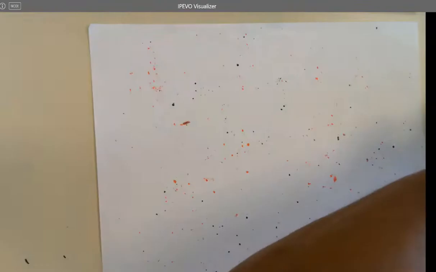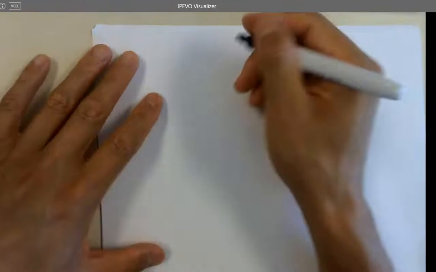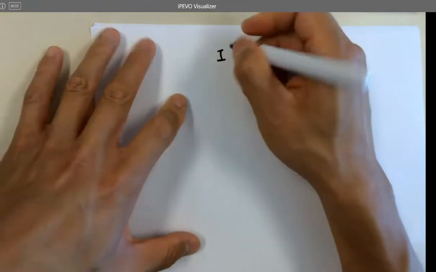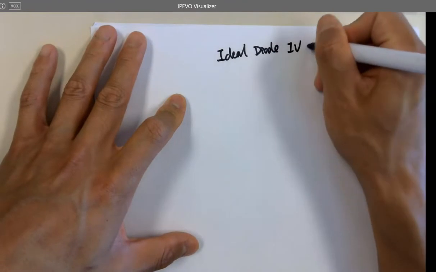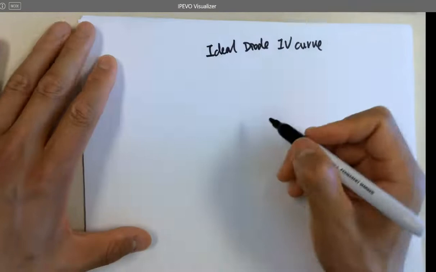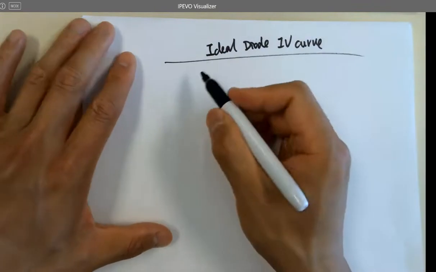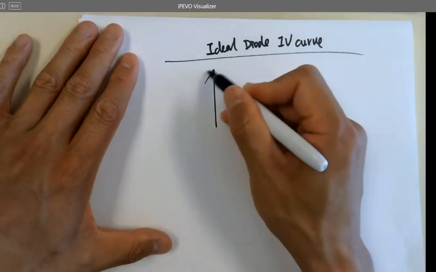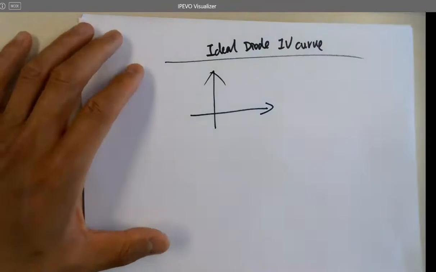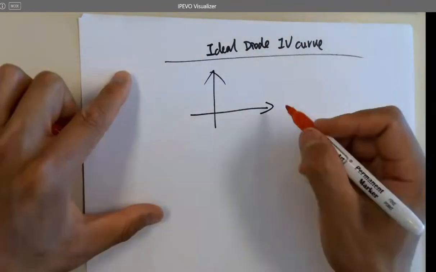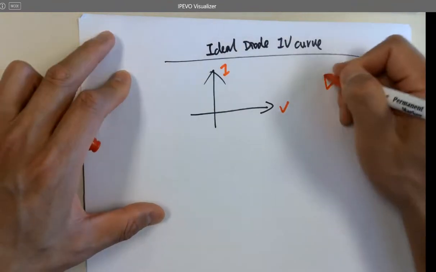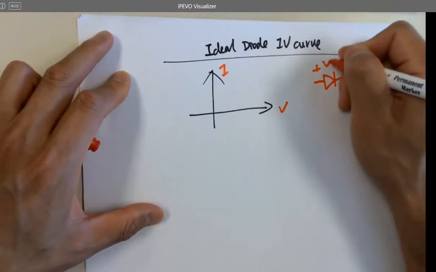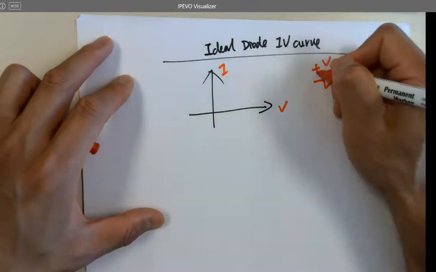A couple other things to introduce. So, an ideal diode IV curve. What does that look like? Ideal diode. So this is the voltage input, and this is I. When I'm talking about voltage input, it's plus or minus V, right? Forward bias voltage.